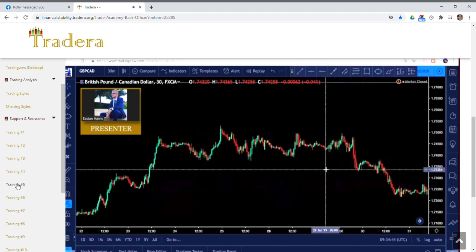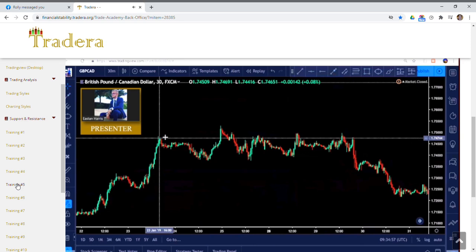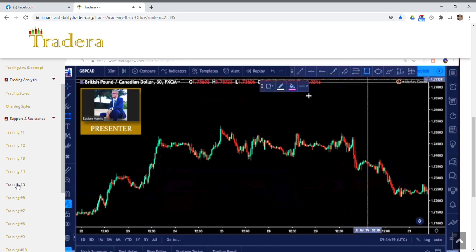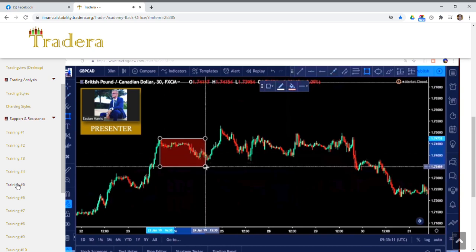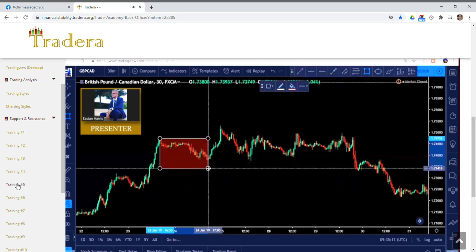All right, guys, so here we are, and we're going to walk through drawing this resistance area correctly and very precisely, okay? So we have an area where we see these bearish moves come into play here.